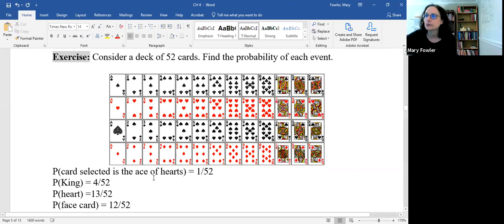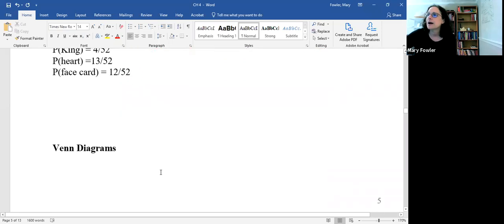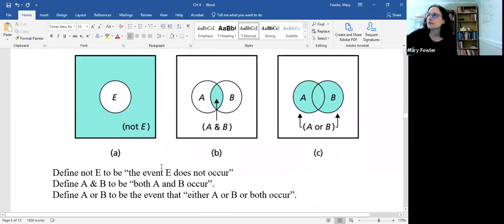Okay. A little bit more just on the Venn diagrams. We had opened it up with the simple problems on the whiteboard, but a couple more things to clean up here. We talked about A and B. If there's an overlap, then the overlap is the AND event, and A or B is everything that's in A, everything that's in B, including the stuff that's in both.